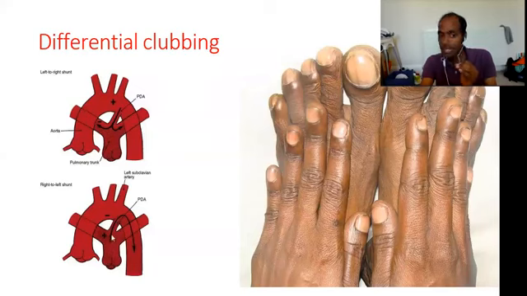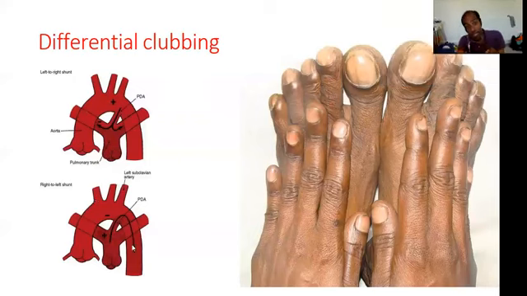Now you can see that good blood, oxygenated blood, is going to the hands through the subclavian artery. But deoxygenated blood is going now to the lower limbs.